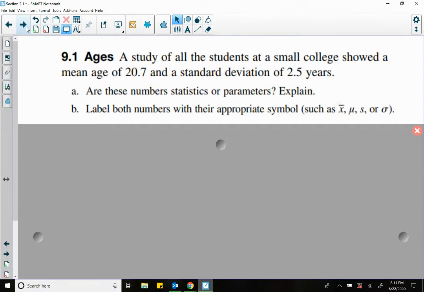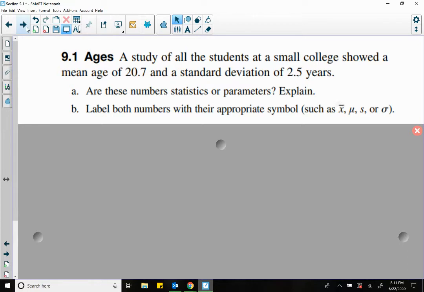It tells you that a study of all students at a small college showed a mean age of 20.7 and a standard deviation of 2.5 years. So the question is, are these numbers statistics or parameters? Tell me why, and then label both numbers with their appropriate symbol.